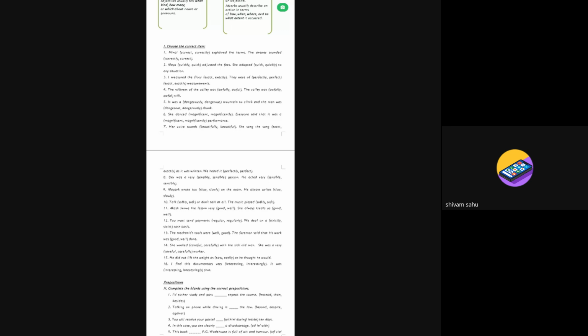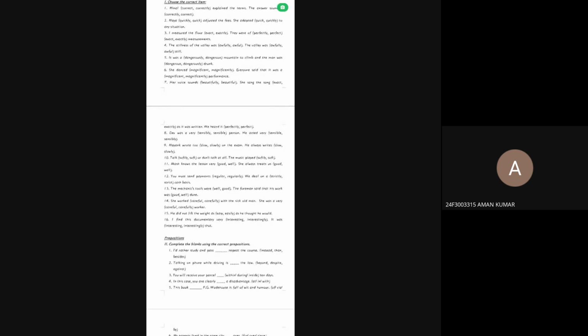Exactly. They were of perfectly exact measurements. So you have both usages, your adverb and your adjective. Perfectly is the adverb which qualifies the adjective exact, which in turn qualifies the noun measurements.